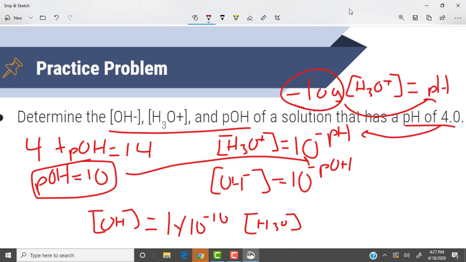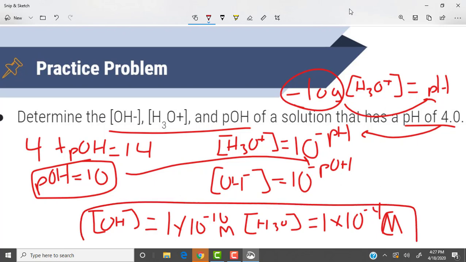You have 1 times 10 to the negative 10th molarity for OH, sorry, and H3O+ is 1 times 10 to the negative 4th. So again, the numbers won't always be as nice and even as that, but if you're utilizing those formulas, you should have no problem being able to solve any pH, pOH one.